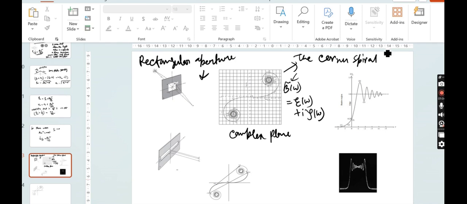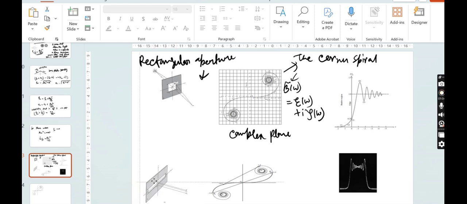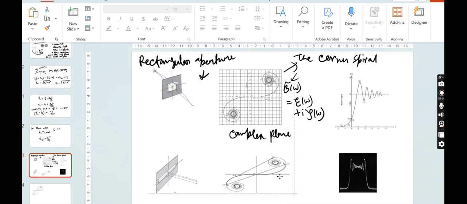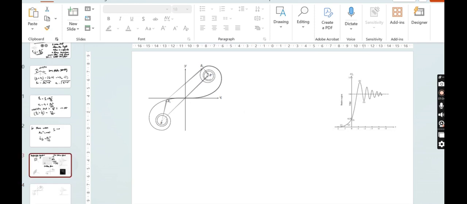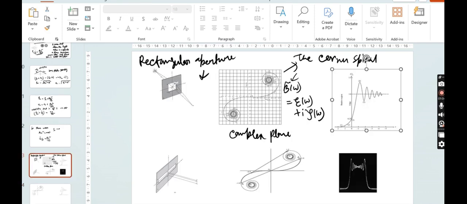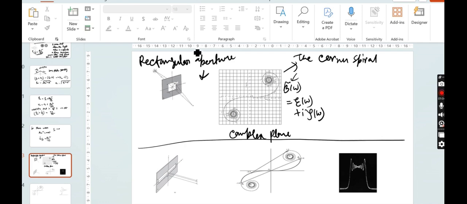From the single slit, Fresnel diffraction.